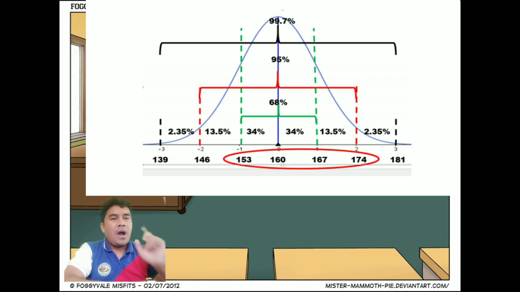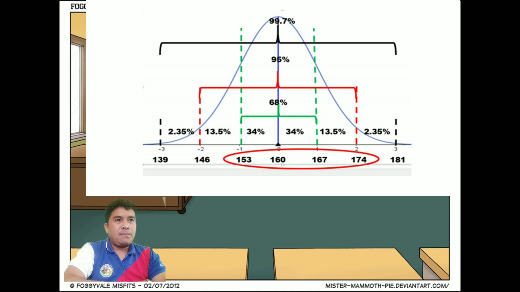As you can observe on the empirical representation, our mean is 160. Then our standard deviation is 7. Then add 3 times. So we have 160 plus 7 to the right. 160 plus 7, that is 167.